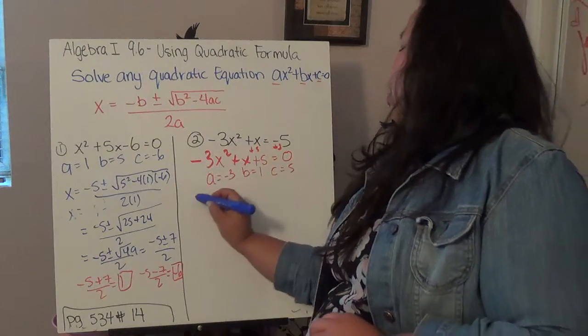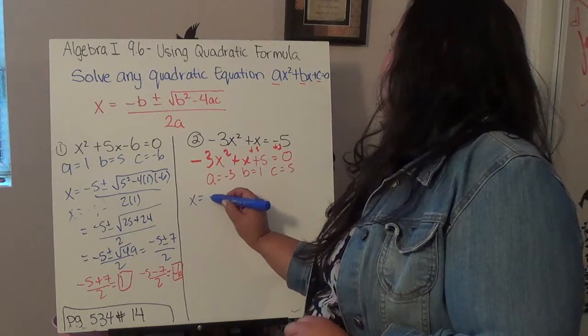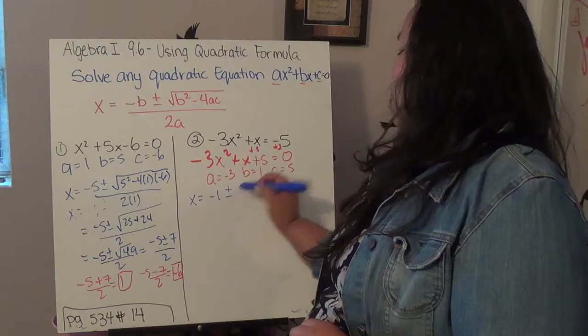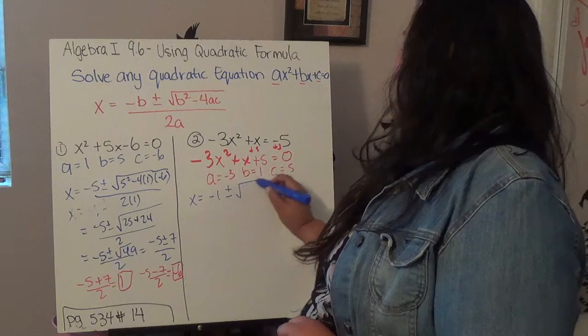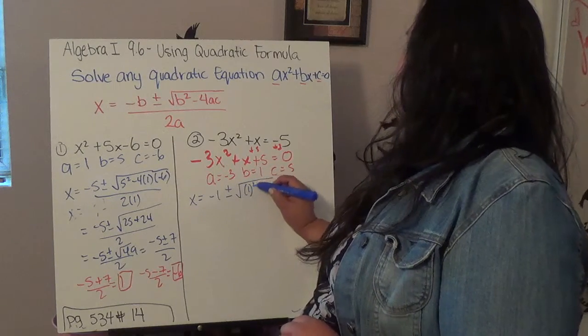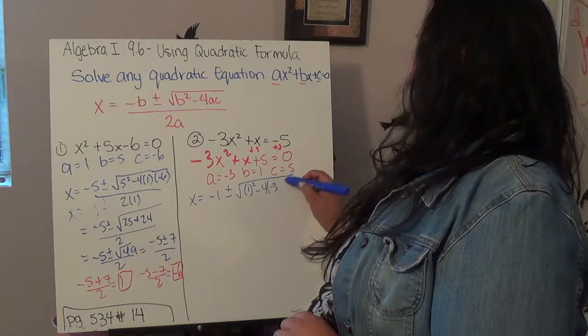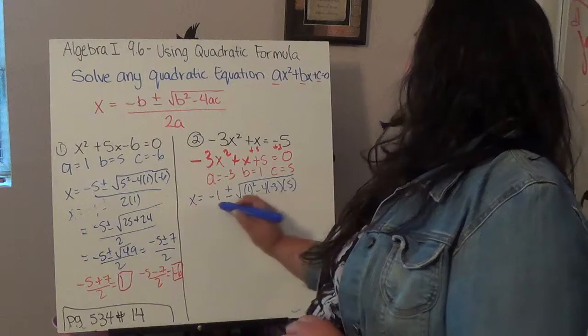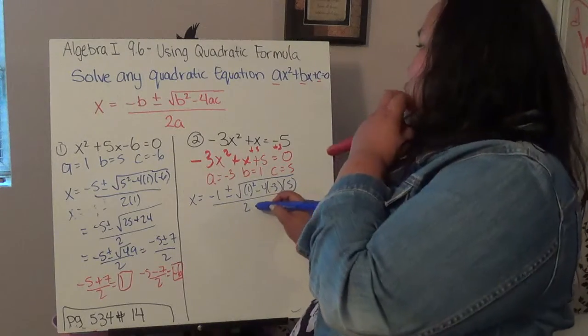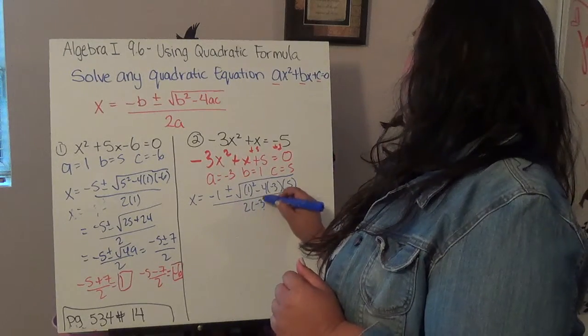to this equation. x equals -b, so -1 plus or minus the square root of 1 squared minus 4 times a, which is -3, times c, which is 5, all over 2 times a, which is -3.